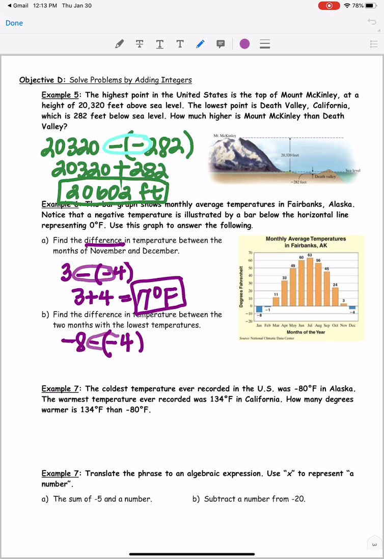So this double negative here changes to a plus, so -8 plus 4. Now you have different signs, so subtract. 8 minus 4 is 4. Keep the sign of the bigger number, so negative. So what's the difference? -4 degrees Fahrenheit.